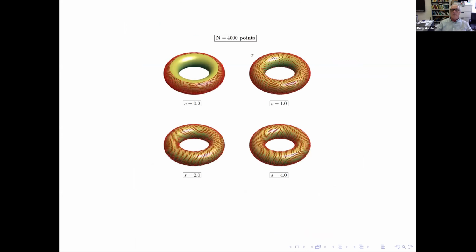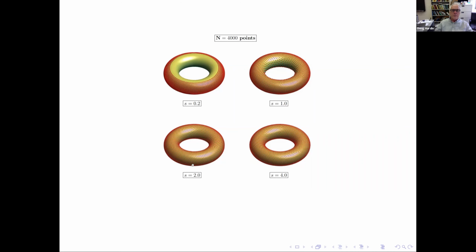Okay, so just to show, we put 4,000 points and then numerically run an optimization algorithm on this torus. For S small, the top two configurations are reflecting the equilibrium measure, and in which case the equilibrium measure is non-uniform.